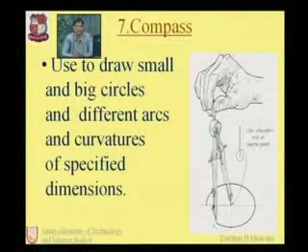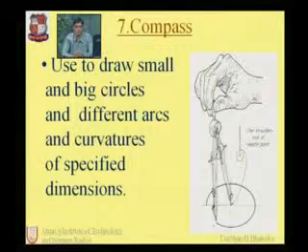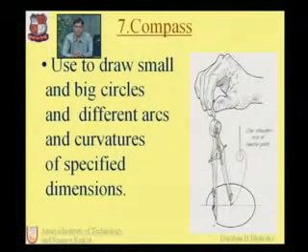But the condition is that the center point should be fixed, we should have the center point or the center lines, by which we can draw circles of 360 degrees or any curvature of the desired dimensions. The next point: it is possible to draw from the largest to the smallest size as per the capacity of the compass.